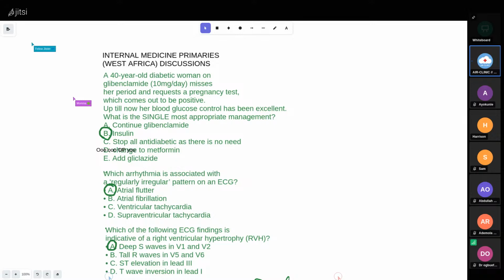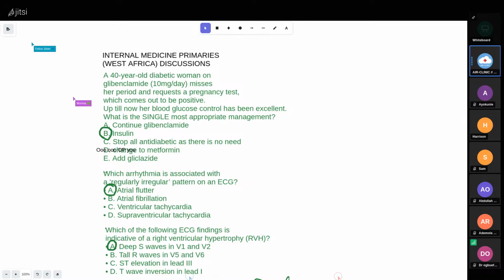This one is also another giveaway question, because it's DKA. That fruity smell is the smell of ketones.